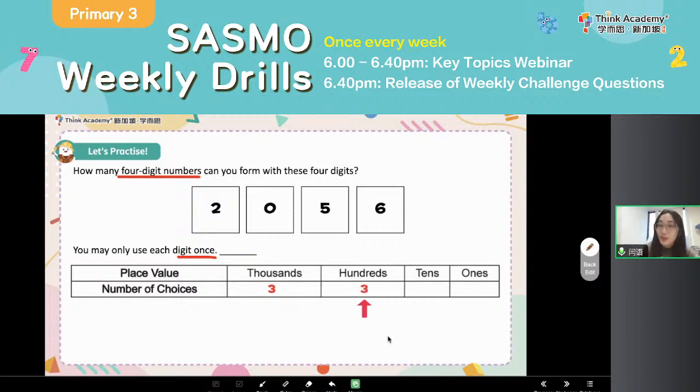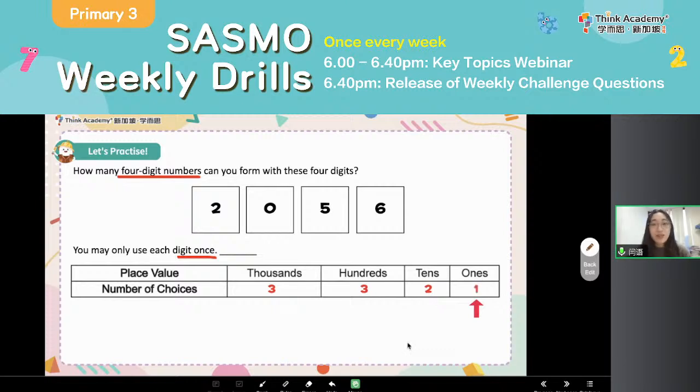Because altogether there are 4 digits, right? And for the thousands place, you can only put 1 digit. You used 1, that means you still have 3. Then what about the tens place? You put another digit for the hundreds place, that means for the tens place, you only have 2 choices. And then what about the ones place? Correct. Then you only have 1 digit to put at the back.